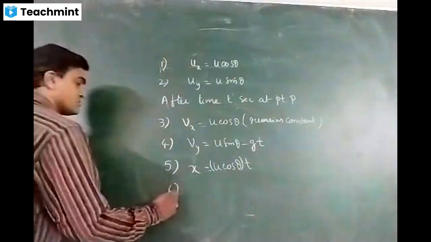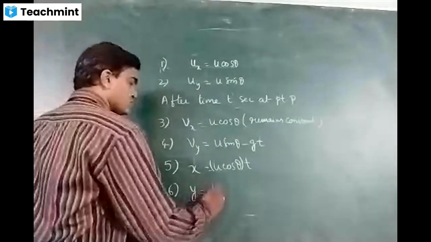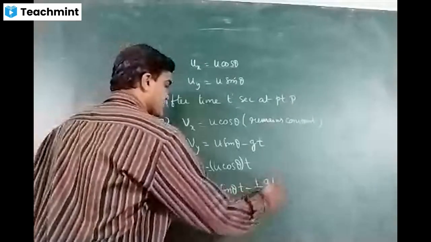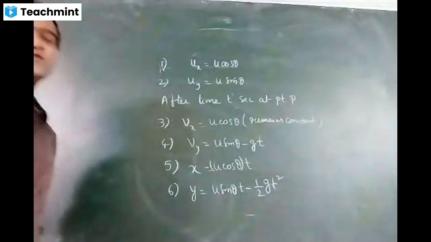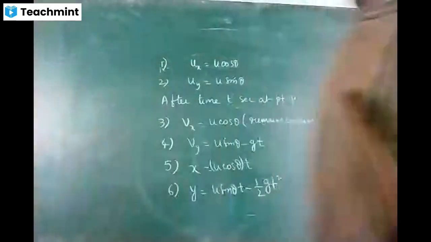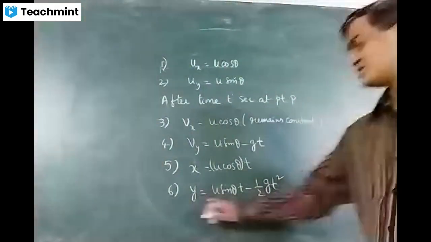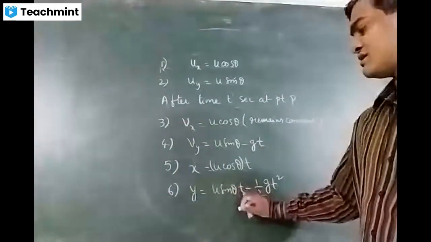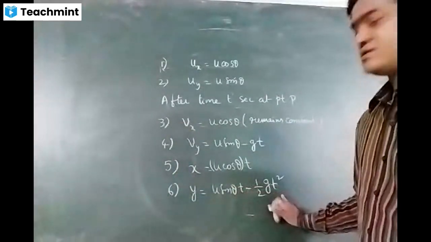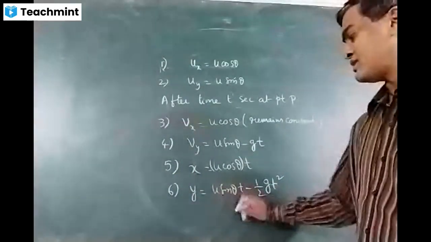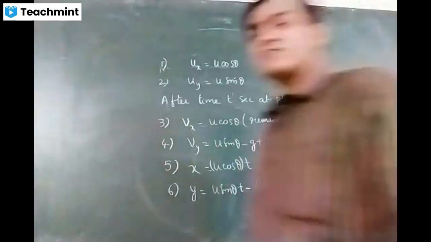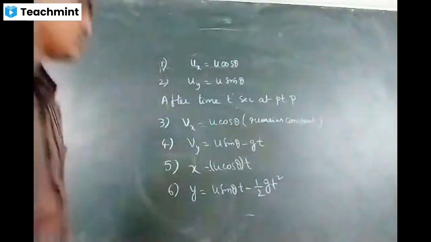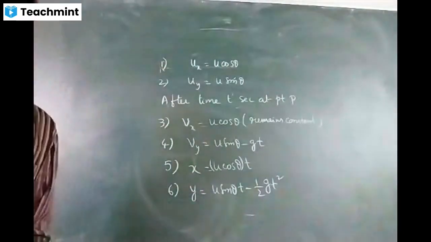Number 6, vertical distance y is equal to u sin θ into t minus half gt². This is in the form of S = ut + half at². From that equation of motion we got y = u sin θ t minus half gt².